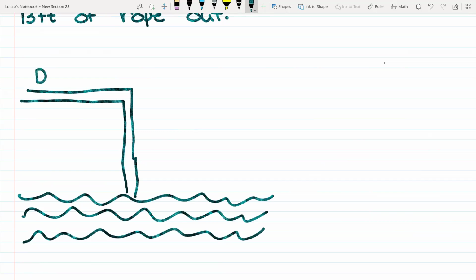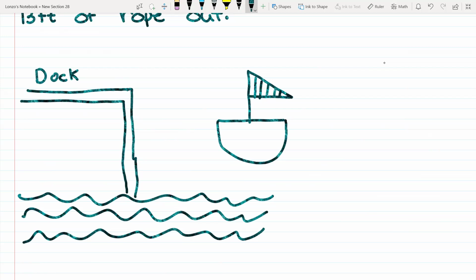So let me label this as the dock, and here's the boat. So the boat is slowly going to the dock, so a winch is pulling the boat into the dock.